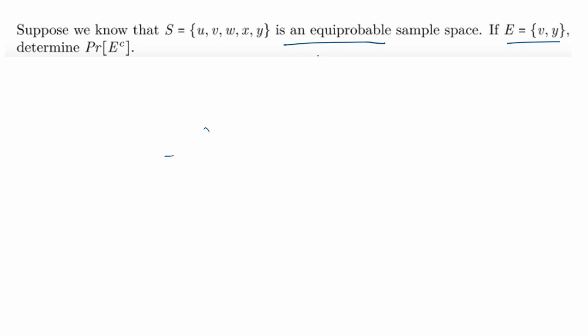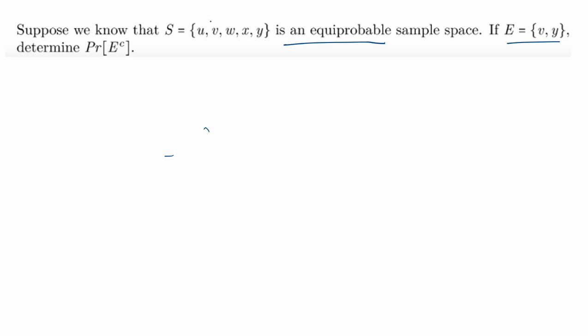They are all equiprobable, meaning that there's no bias towards any letter. And you have an event. You're interested in getting V or Y. So you're drawing something and you're interested in having V or Y. What's the probability of not having V or Y?